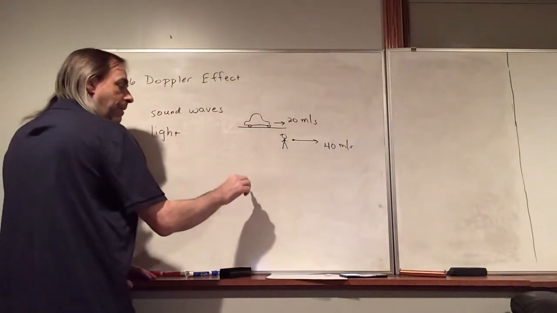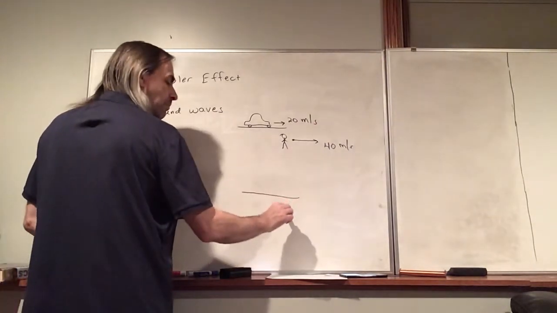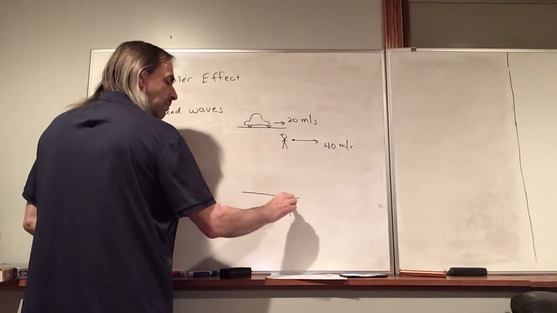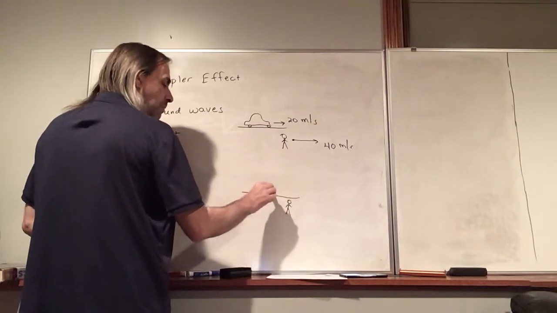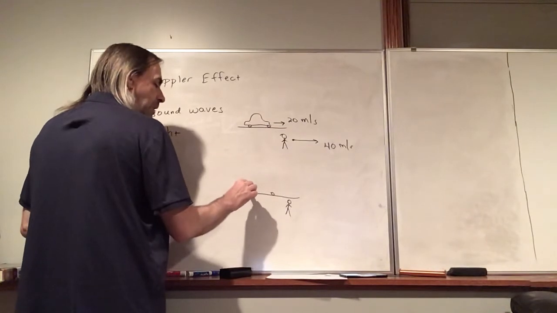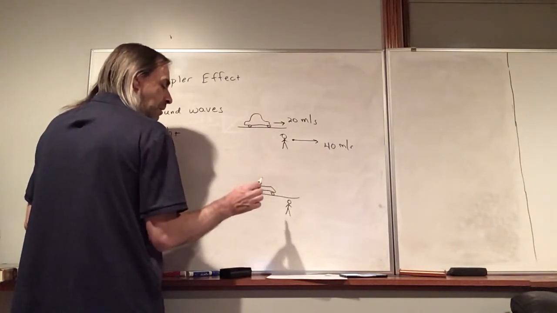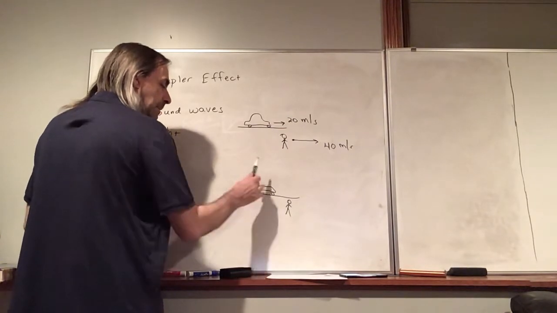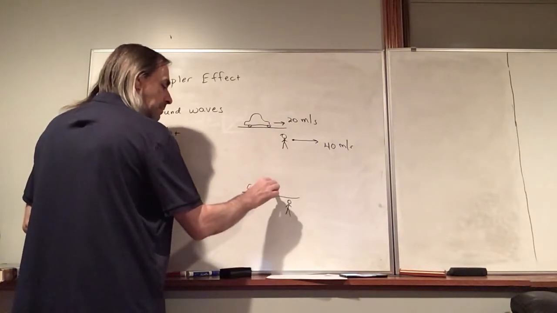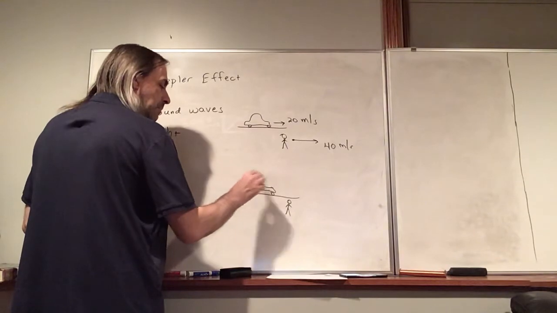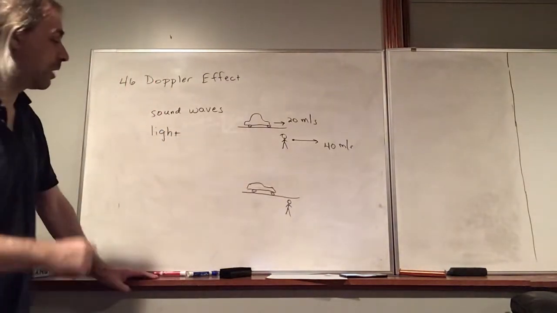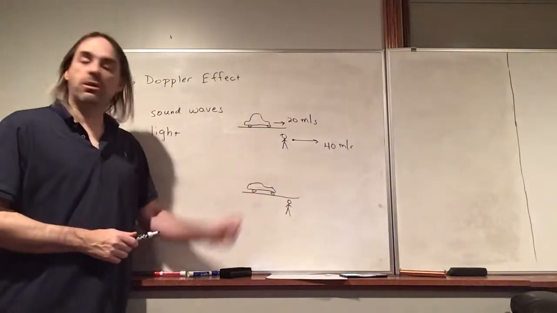So let's look at a very similar problem. Now we have a car. I should draw a different car here. That's a horrible car. I'm not going to try to draw a faster looking car.